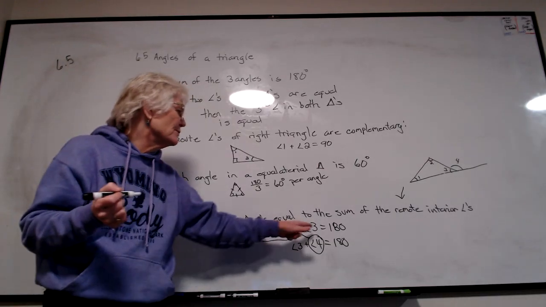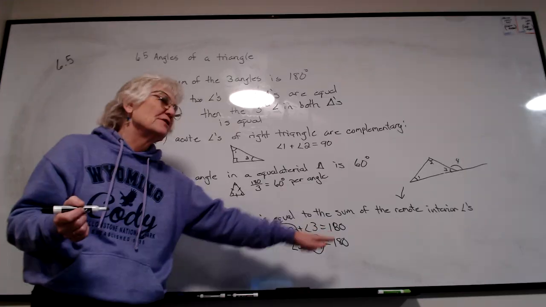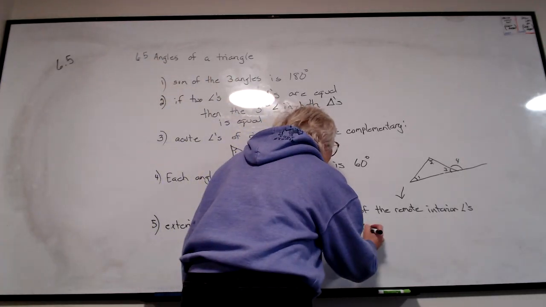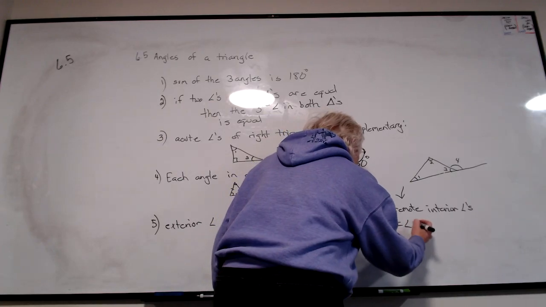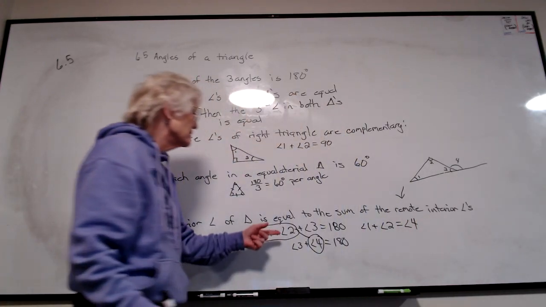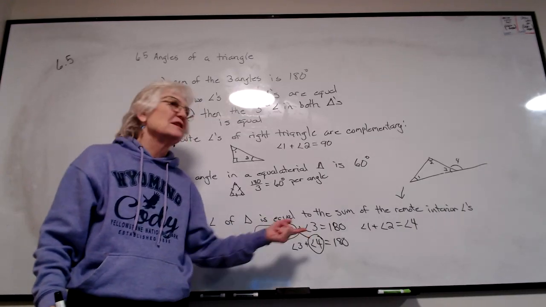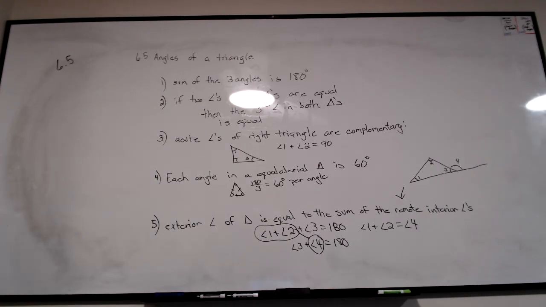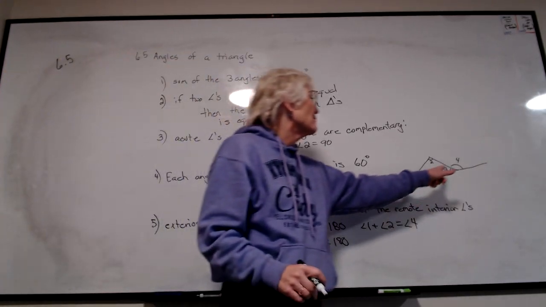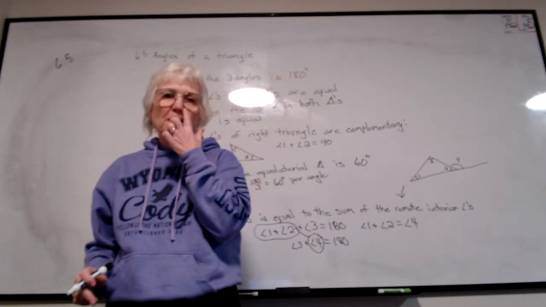Because if these 2 plus 3 are 180, if 4 and 3 are 180, then angle 1 plus angle 2 must equal angle 4, because we can replace this. I could put 4 in for these or 1 and 2 in for these, and it still gives us 180. Okay. So remote interior are just ones that are not right next to this. Okay, so that's what they are.